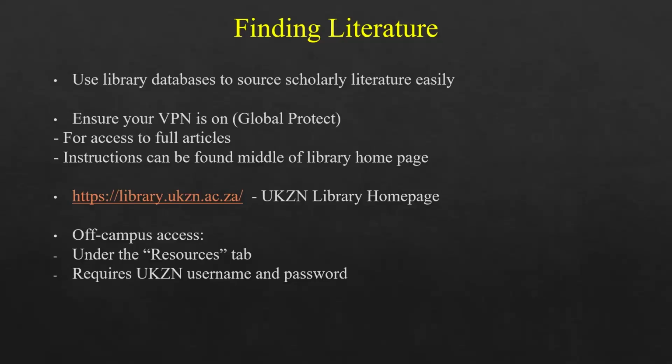The reason for this is that usually those databases have only academically relevant literature, and it has been reviewed and vetted before it is even put on those databases. So if you haven't developed the ability to discern between academic and less academic sources, then your first line of defense is going onto the library databases, because those sources are already of a reasonably high academic quality.